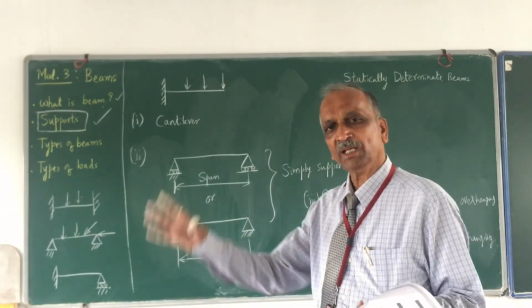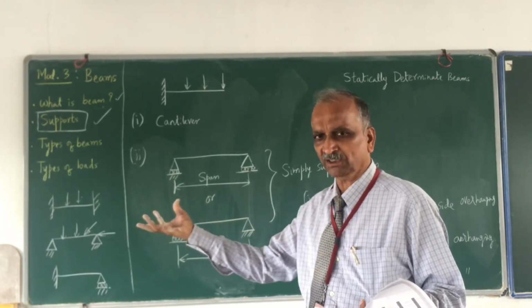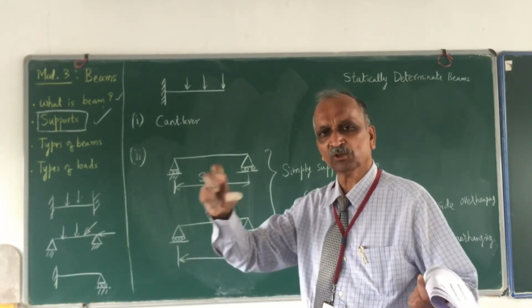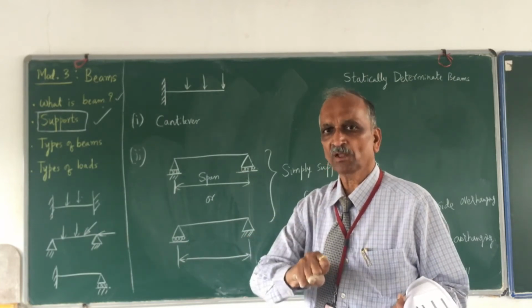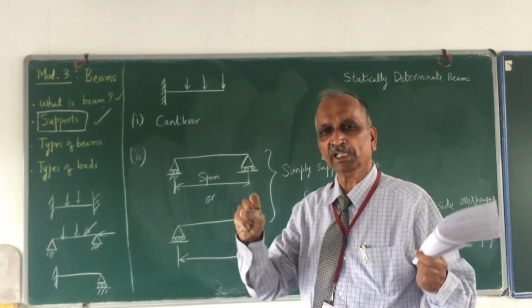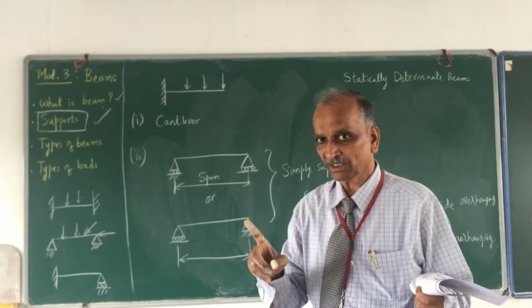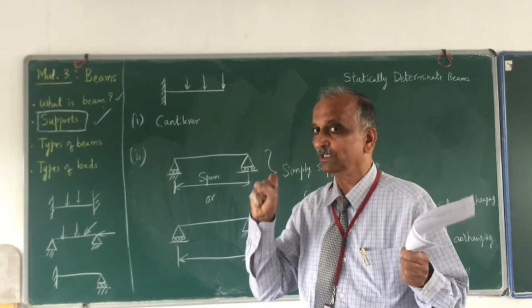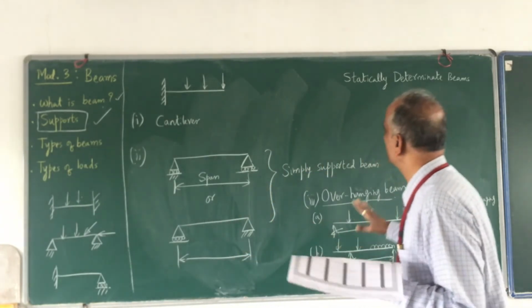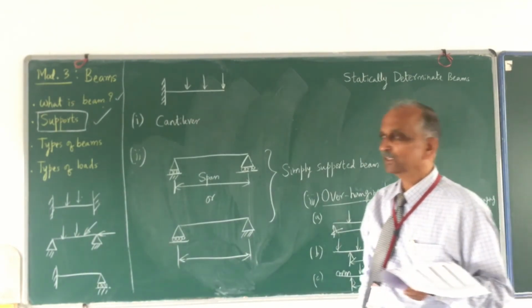Okay, so if I am able to find out the magnitude and directions of these reactions offered by the supports using only equilibrium conditions, I hope you remember equilibrium conditions, then such beams are called as statically determinate beams.